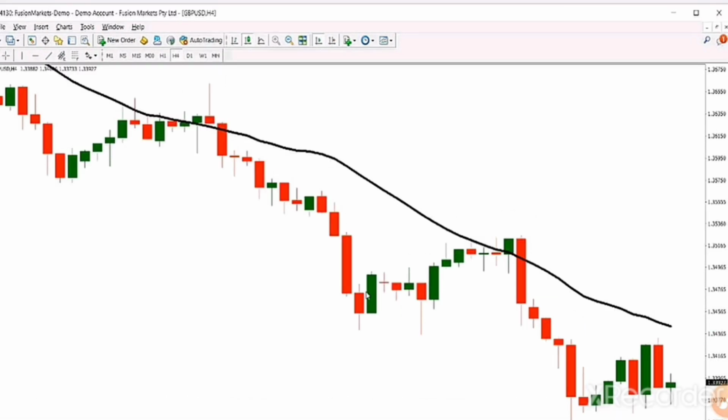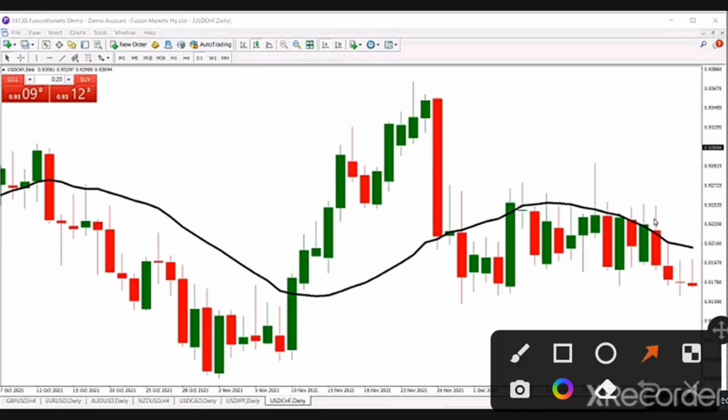Now here is a chart with the simple moving average indicator or SMA. Some traders apply the SMA to determine the entry point for a trade position, either buy or sell. Let's get another chart example and I will show you how they do it.